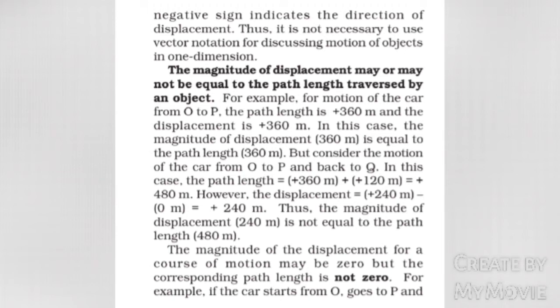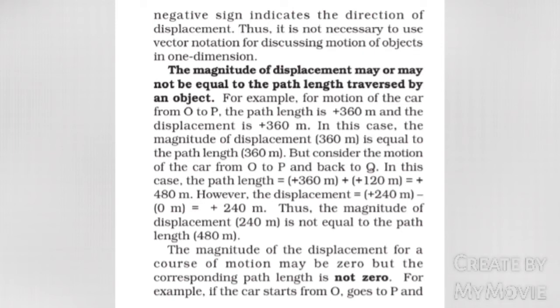But consider the motion of a car from O to P and back to Q. In this case, the path length equals 360 meter plus 120 meter, which is equal to plus 480 meter. However, the displacement equals plus 240 meter minus 0 meter, which is equal to plus 240 meter. Thus, the magnitude of displacement, that is 240 meter, is not equal to the path length, that is 480 meter.